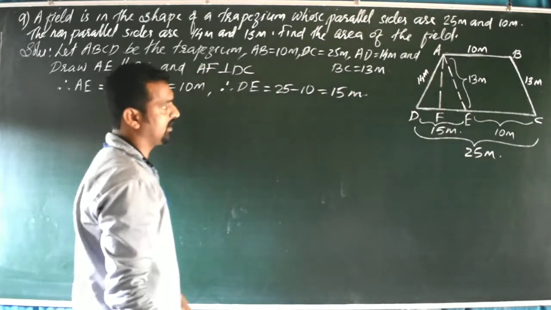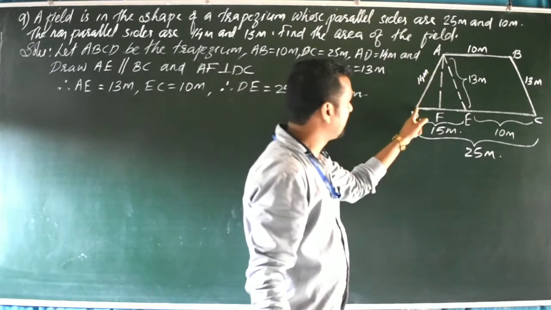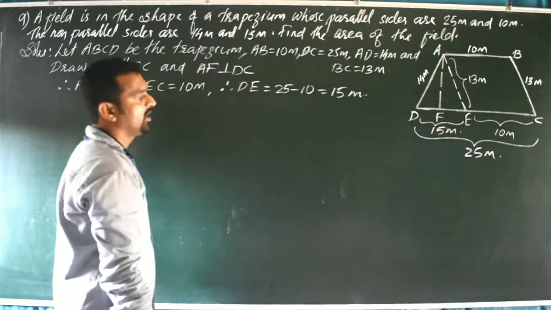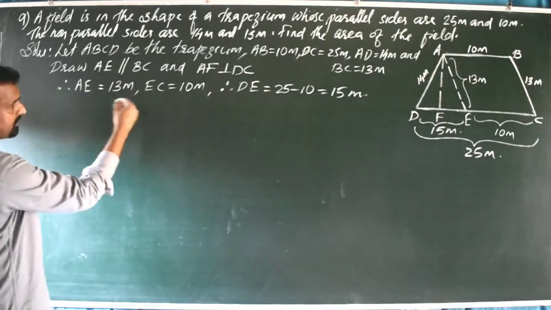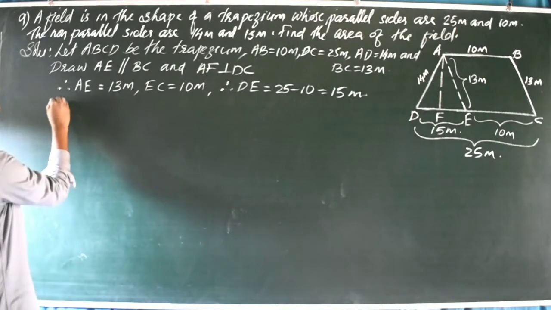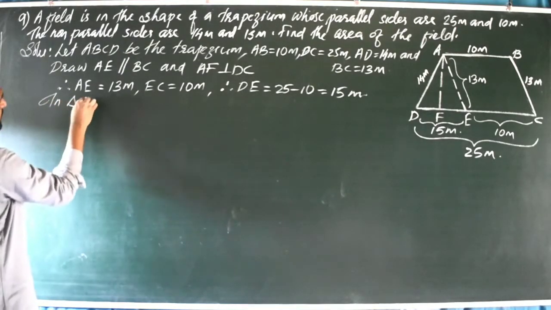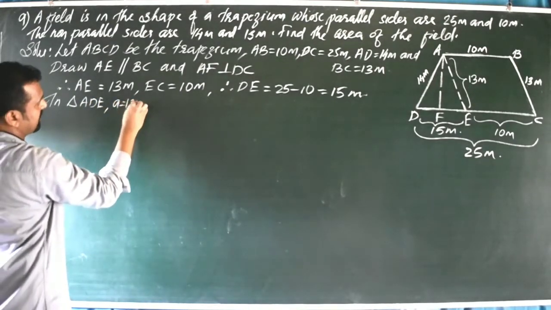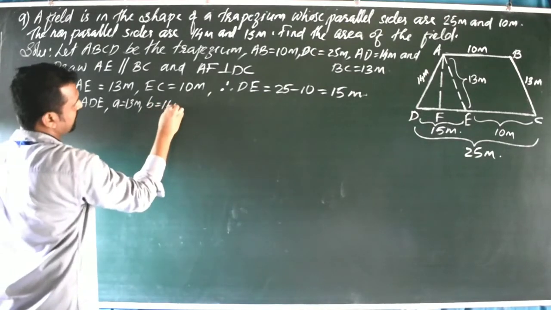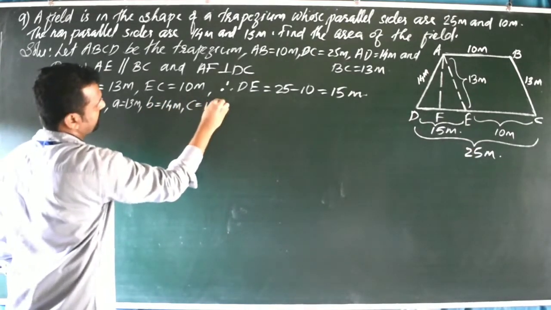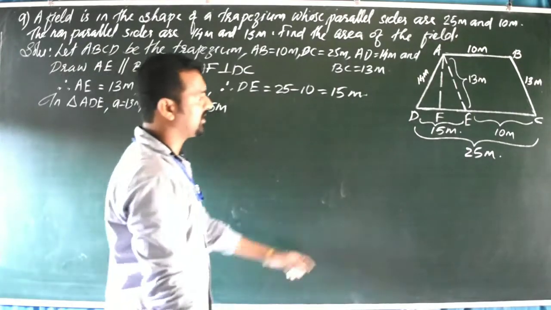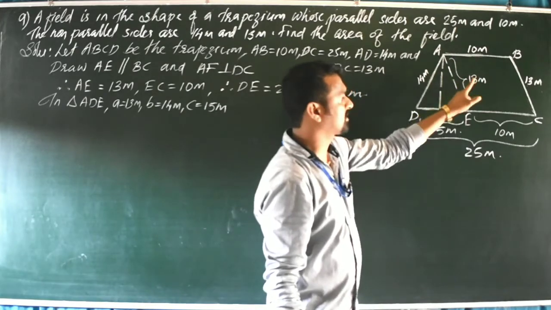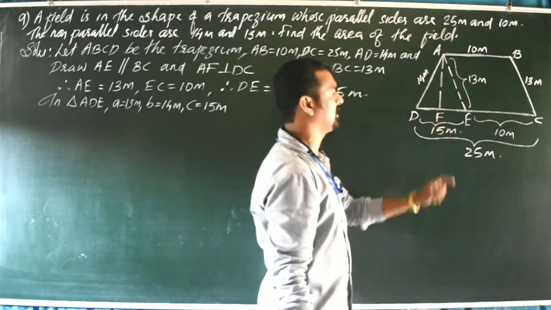Okay, now we will find out the area of triangle ADE. Therefore area of triangle ADE, for that we will write, in triangle ADE, a is equal to 13 meter, b is equal to 14 meter, and c is equal to 15 meter. One side I took 13 meter, next side 14 meter, and third side is 15 meter.